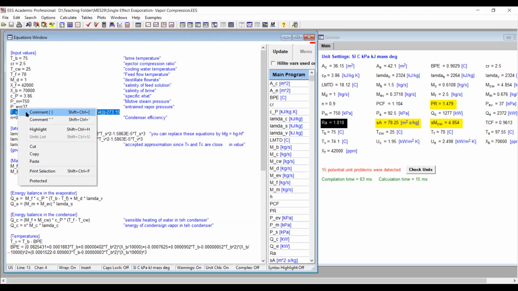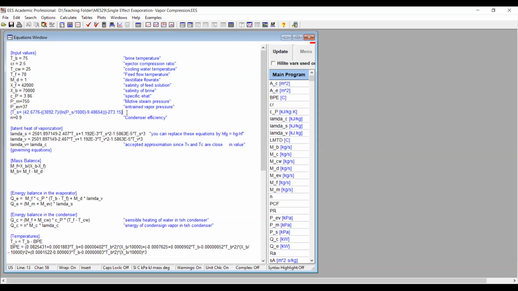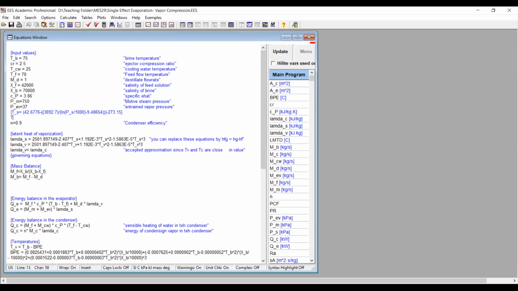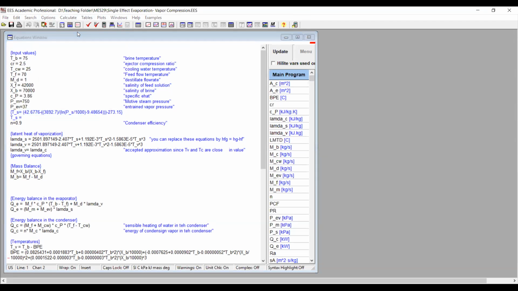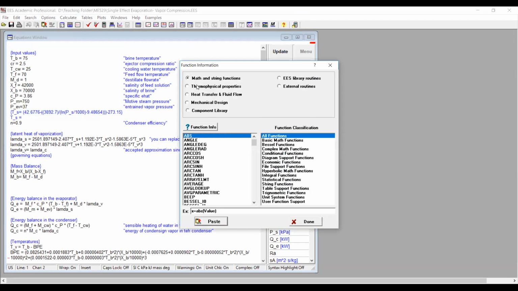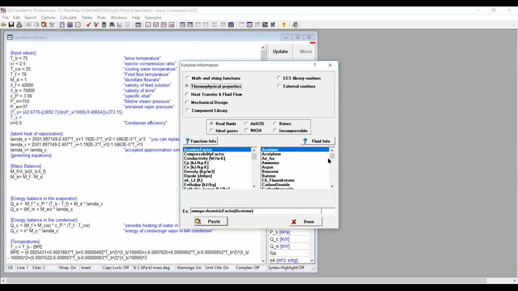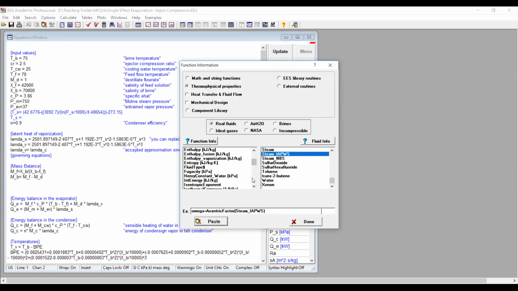I would just comment on this and use the TS, T underscore S, as the saturation temperature for the given pressure. So we're talking about thermodynamic properties, and here we are considering steam. So basically it should be T saturation. Where's the temperatures here?